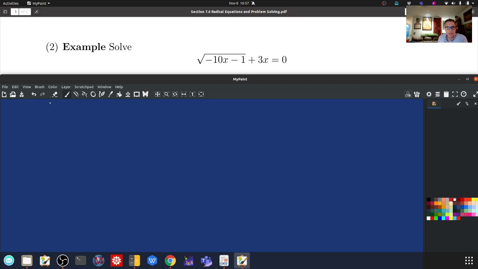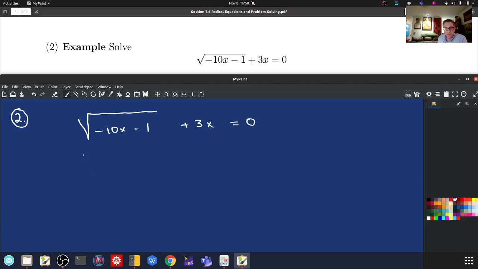So this one actually is going to lead to a quadratic equation. So I want to go ahead and go through it. I did not purposely leave any of these on the homework, but I may have missed them. So this is the square root of minus 10x minus 1 plus 3x is equal to 0.